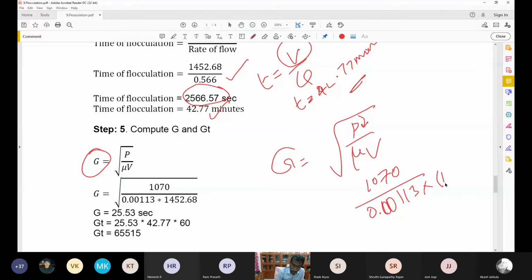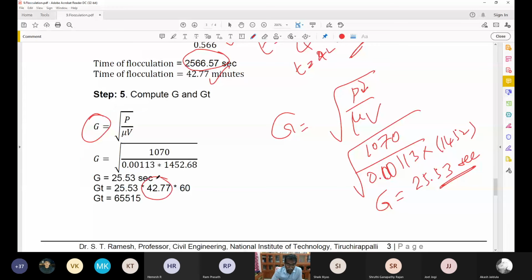So G becomes 25.53 per second. If you multiply by the time of flocculation, which is in minutes, I'm converting it to seconds by multiplying by 60. Therefore the GT value becomes 65,550. Is it okay?